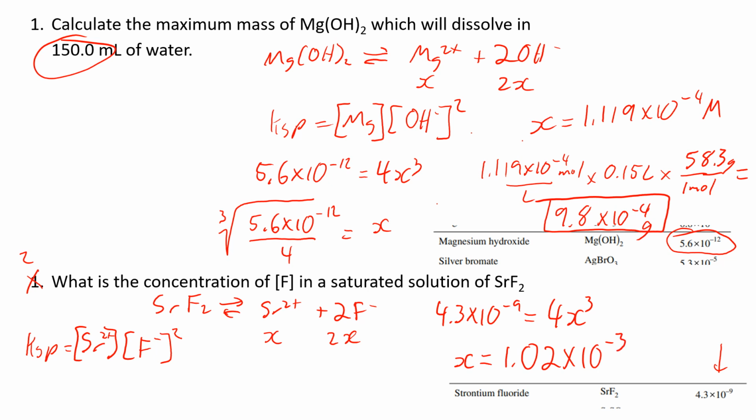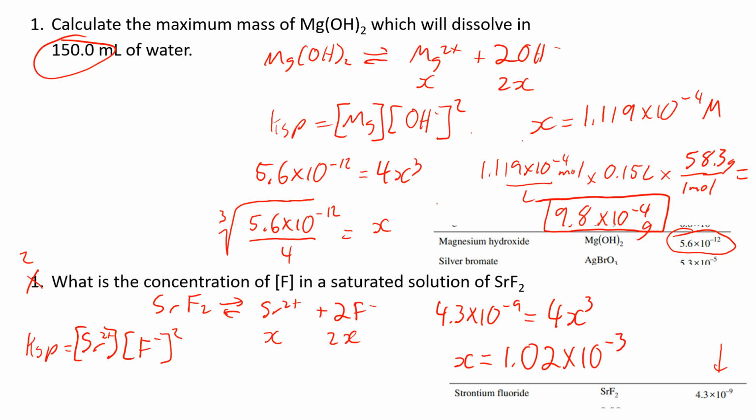That's my concentration of X, which will be the concentration of strontium fluoride, which will also be the concentration of strontium, but it is not the concentration of fluoride. In order to get the concentration of fluoride, this number will be doubled.